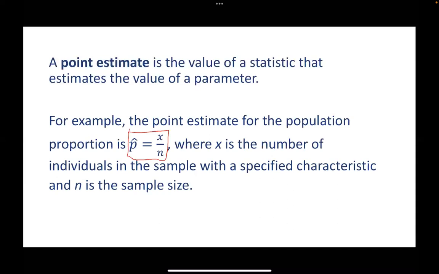X is the number of individuals in our sample that has a certain characteristic, and N is the sample size. This is not brand new. We're just going to be using it again, and so we're defining it again. We called it relative frequency way back in the beginning. And so this is same old, same old.